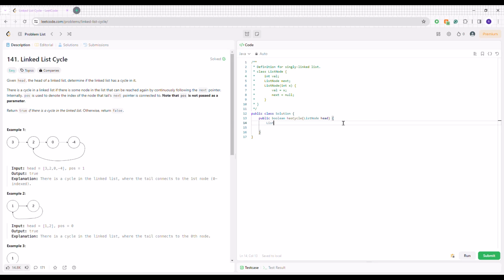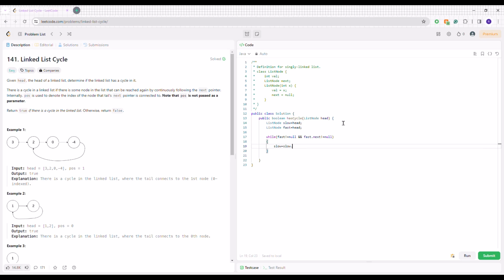First, we need to have our slow pointer pointing towards the head node, fast pointer pointing towards the head node. Then we have our exit condition: while fast is not equal to null, and then fast.next not equal to null. Keep on going, and slow will move one step ahead.